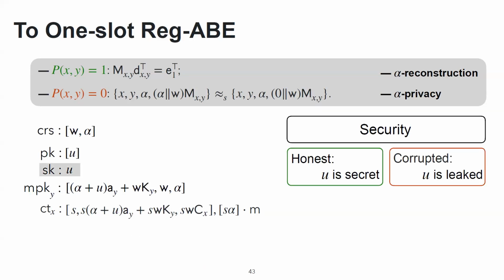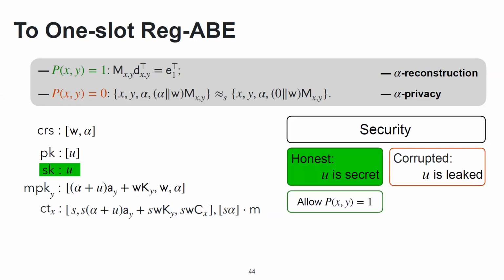As we mentioned before, we should consider three cases of slot in the security model. Here, we only consider the honest case and the corrupted case, and I will talk about how to handle the malicious case later. In the honest case, the secret isn't leaked and we allow the predicate to equal 1.